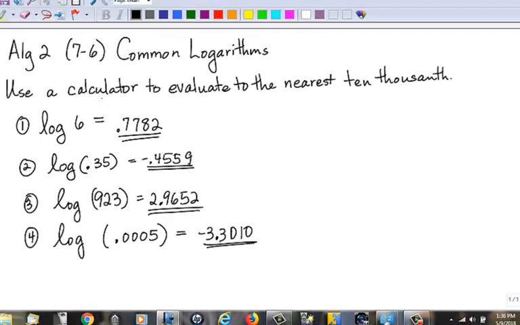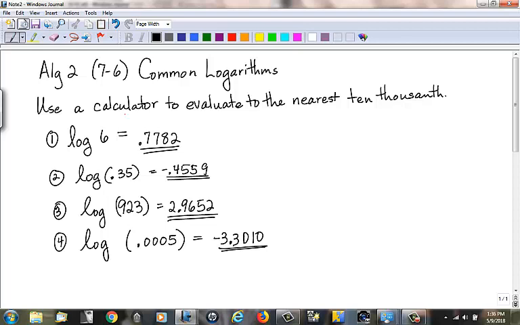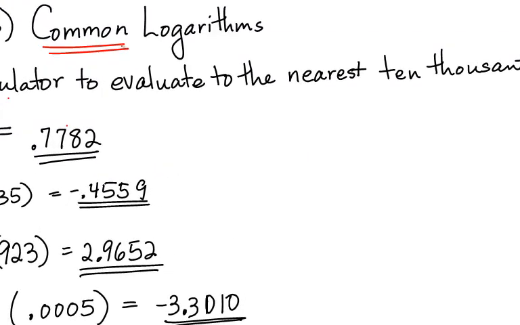Notice on all of these, I did not write down a base. It's understood that this is base 10 if they use the word common logarithms. Common logarithms are understood to be base 10.